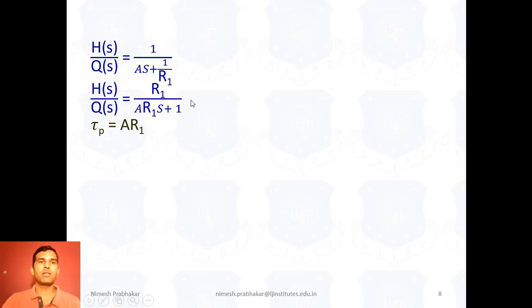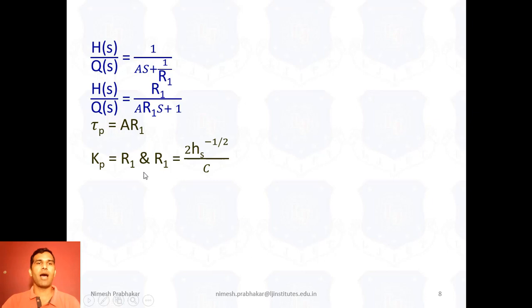Now we compare this equation with the first order general equation. So we get tau p is equal to A R1 and Kp is equal to R1.